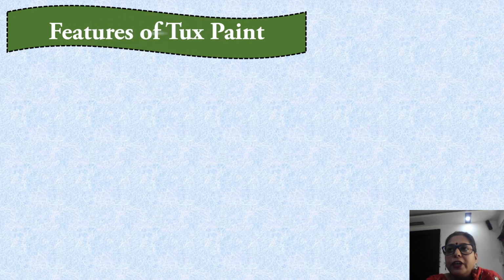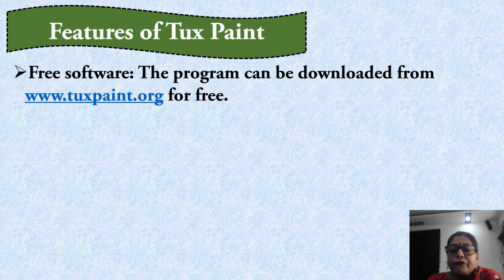Now, let us look at its unique features, meaning some qualities of Tux Paint that make it a wonderful drawing program. The first feature of Tux Paint is that it is free software. It means it is open source software. We can download this software from the internet without any cost, for free.